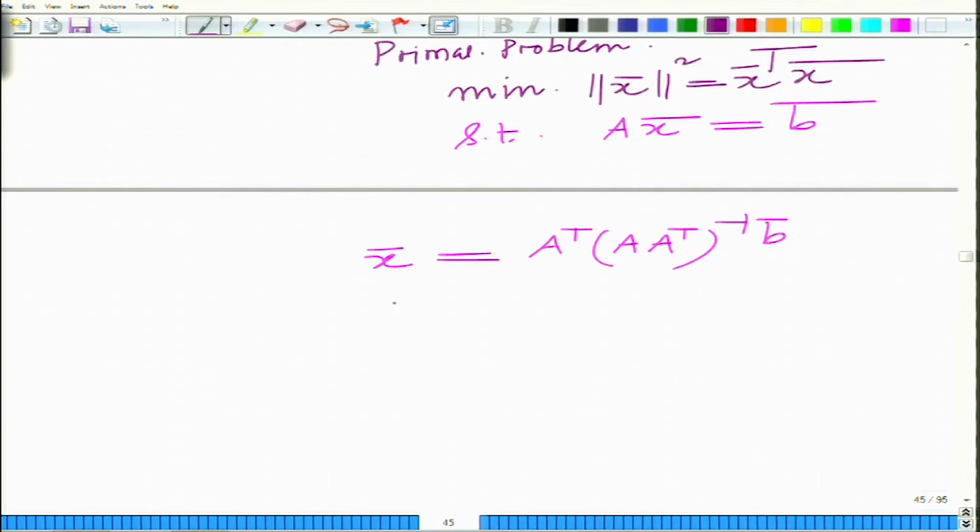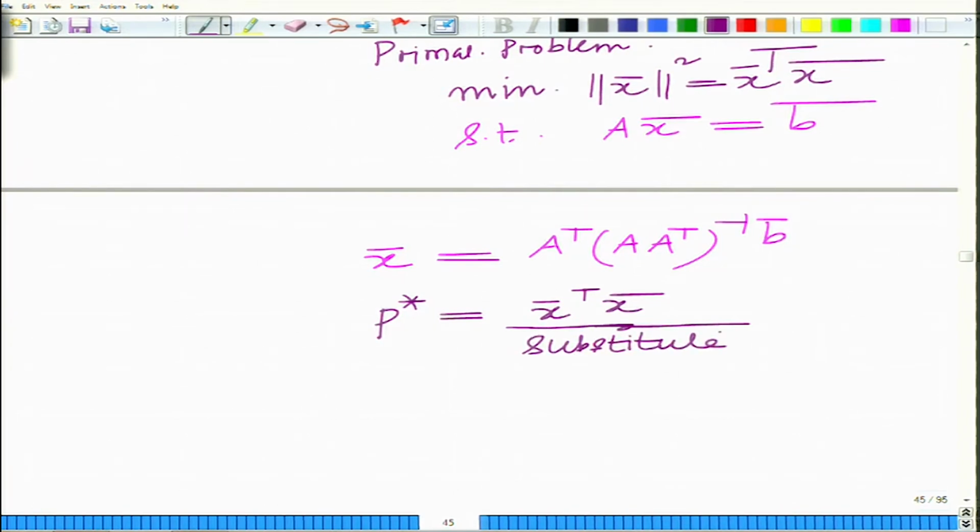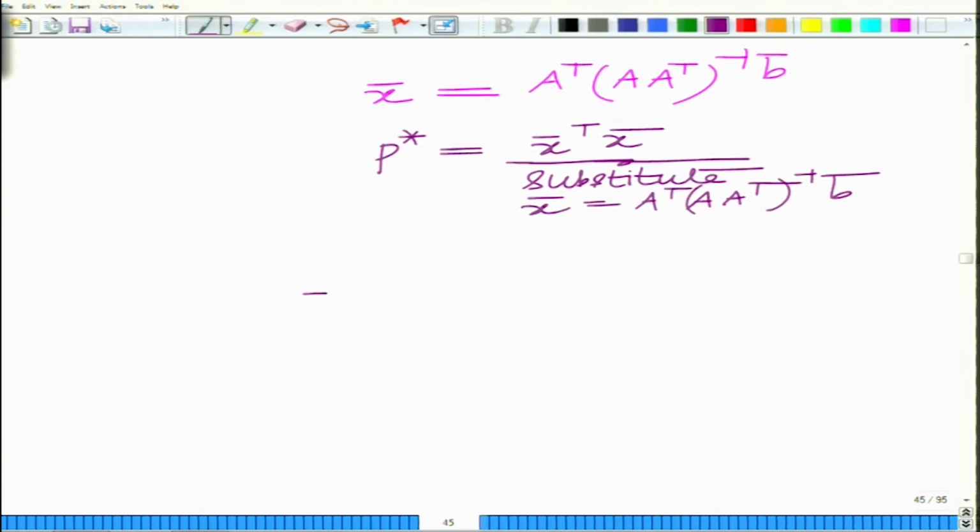and now P star, which is the optimal value of the primal problem, is basically your x bar transpose x bar, and here you substitute x bar equals A transpose (A A transpose) inverse b bar. What does that give you?